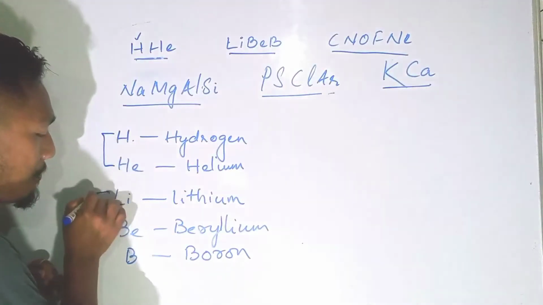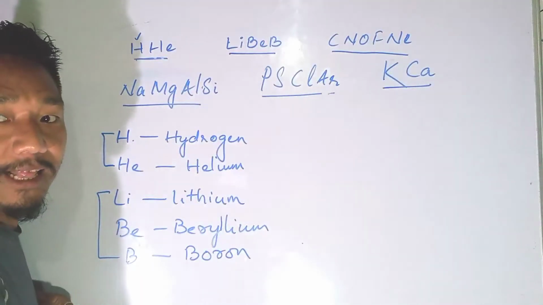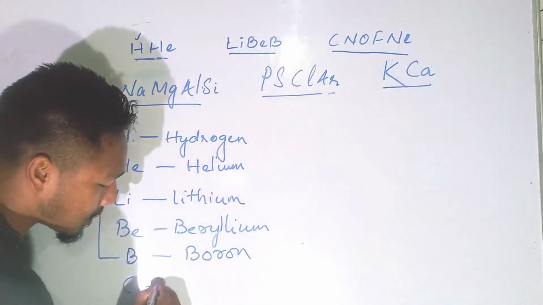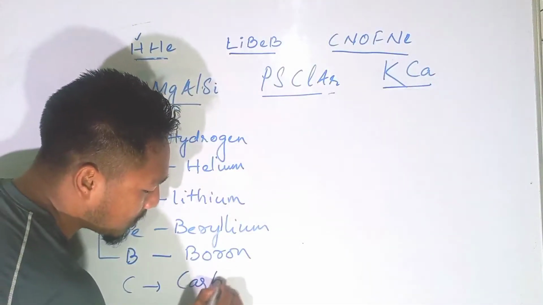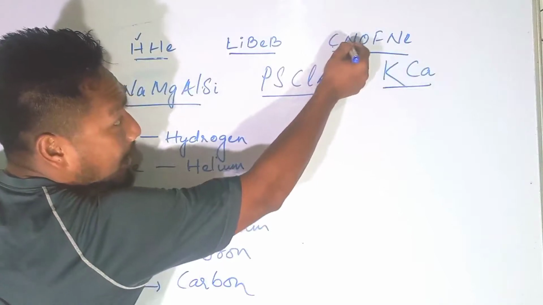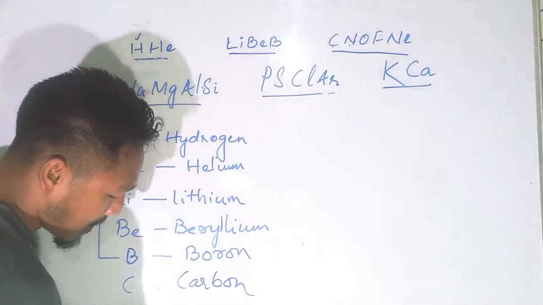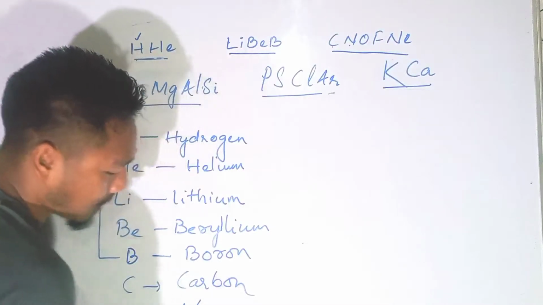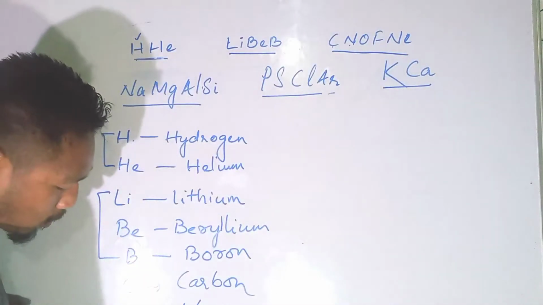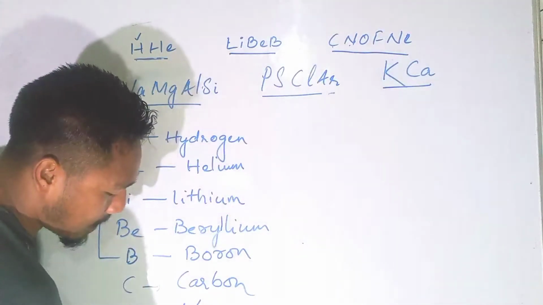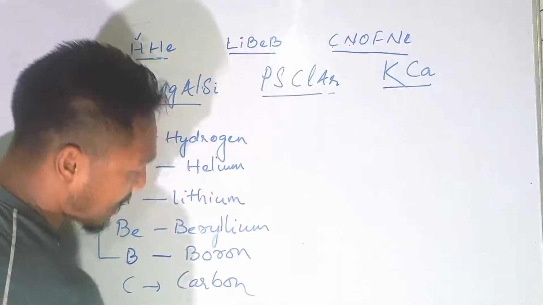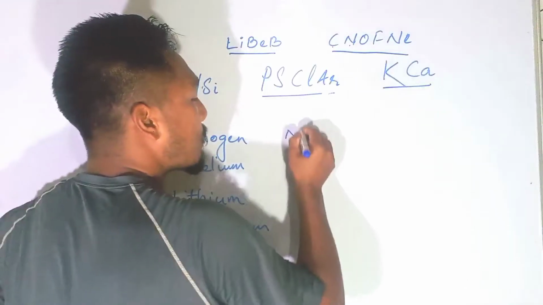C stands for carbon, and N stands for nitrogen. Then capital O stands for oxygen.